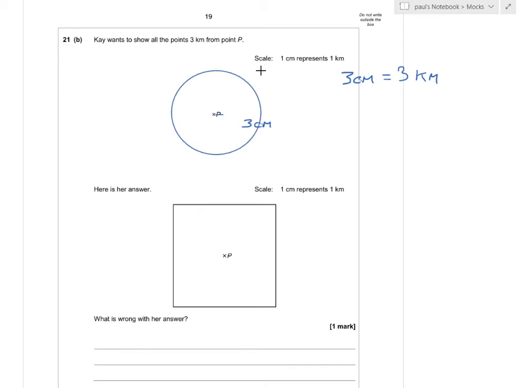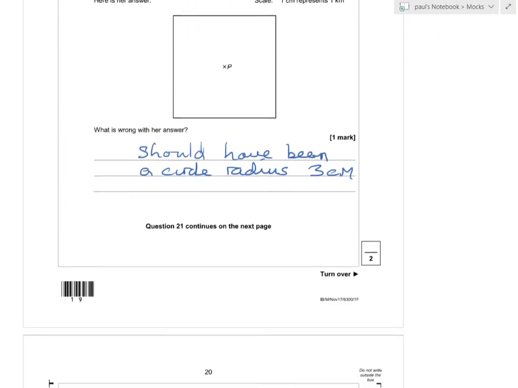There you go. So you draw a circle with a radius of 3, might be a bit bigger than that. What's wrong with our answer? It should have been a circle with radius 3 centimeters.